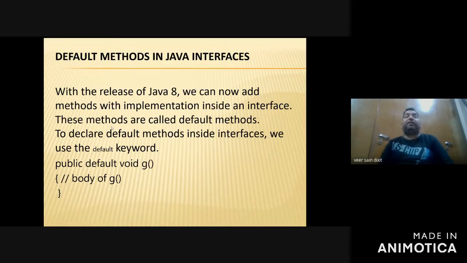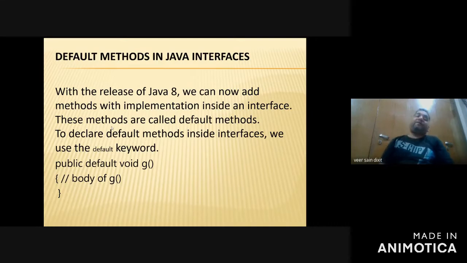Again, I am repeating that since in interfaces you cannot define methods, but if there are applications where the definition of a method is required, then you will make that method a default method. If that method is a default method, then you can define it within the interface also. So this is the application of the default method.